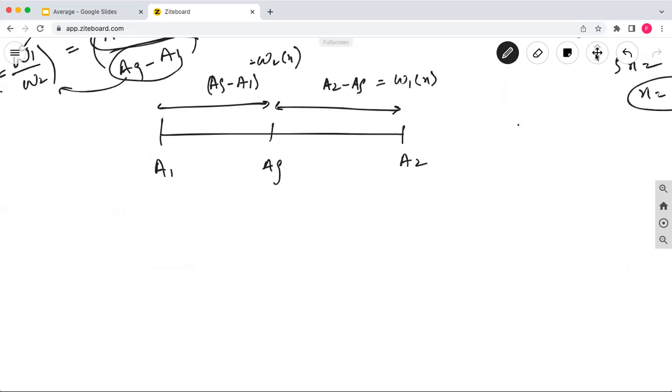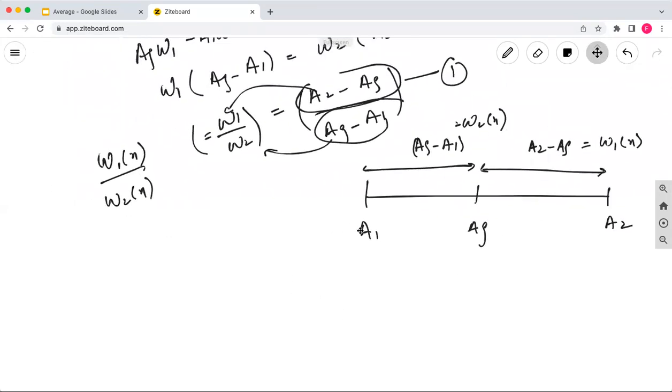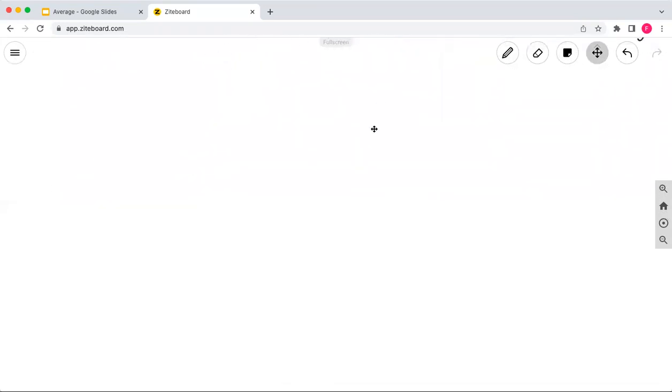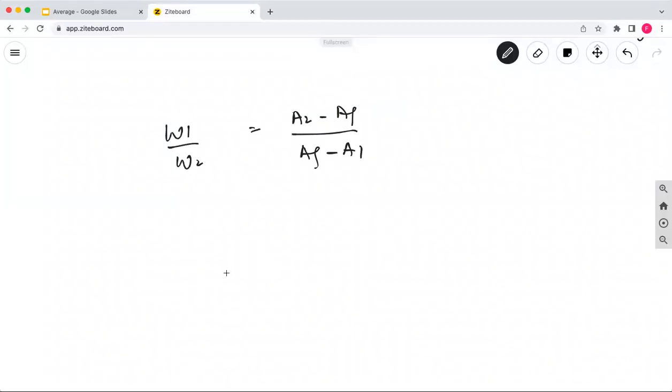So now if you see this formula, which was the last formula, that is W1 over W2 is equal to A2 minus AG divided by AG minus A1, right? Now just take the number line in front of you, and remember, the right side on the number line is always greater than the left side, which we already discussed.